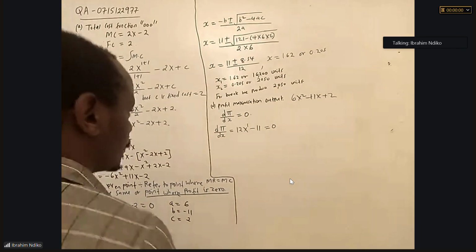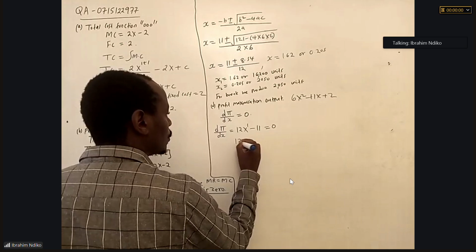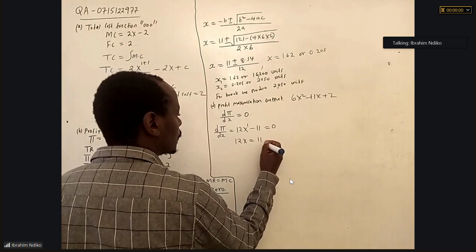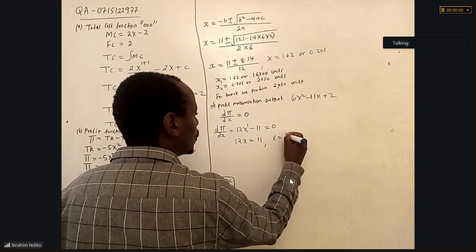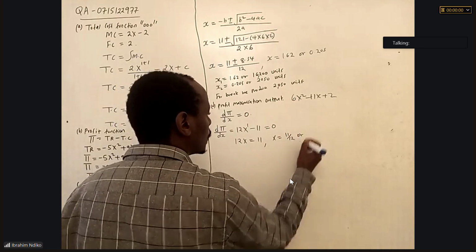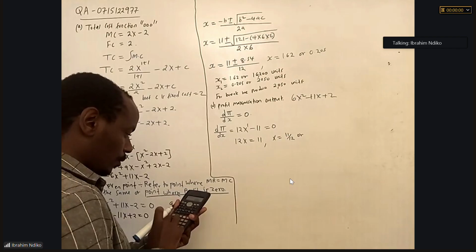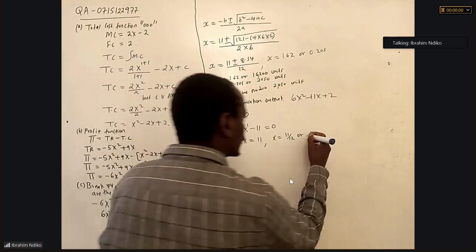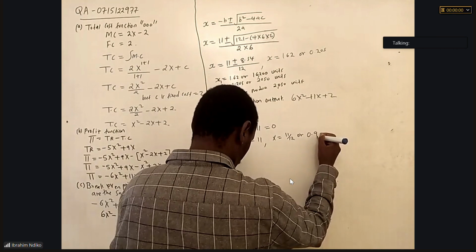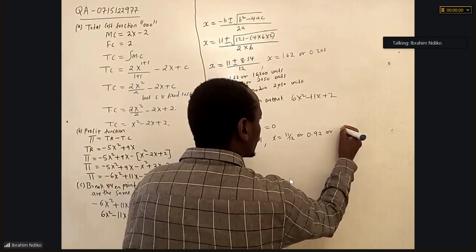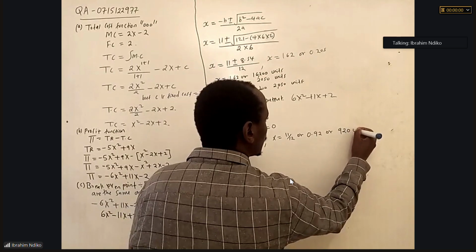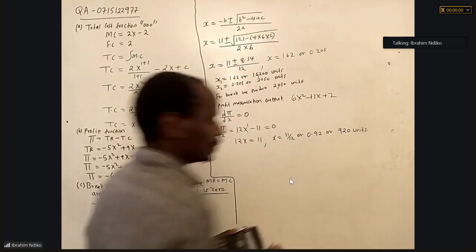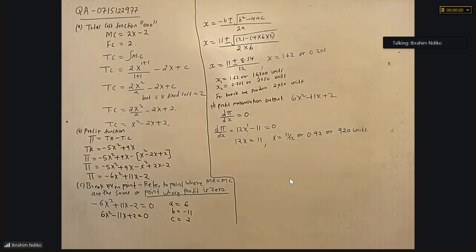So 12x is equal to 11. x will be equal to 11 divided by 12, which is 0.92, or 920 units.